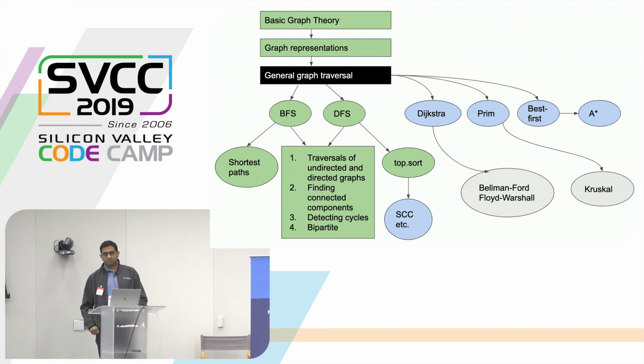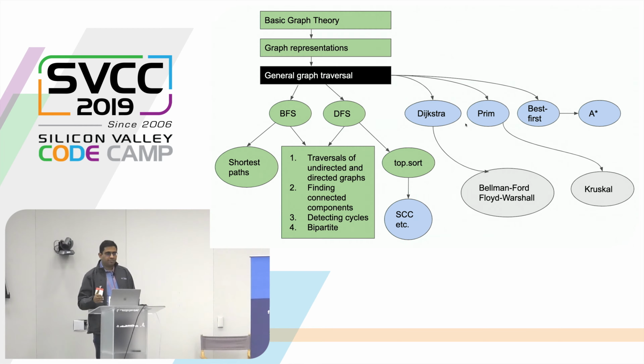Now, even students of computer science often miss the fact that all the standard graph algorithms that you see here are essentially minor variations of a general graph traversal algorithm. If you understand this general graph traversal algorithm, you're on your way to understanding all 6 of them in one shot.